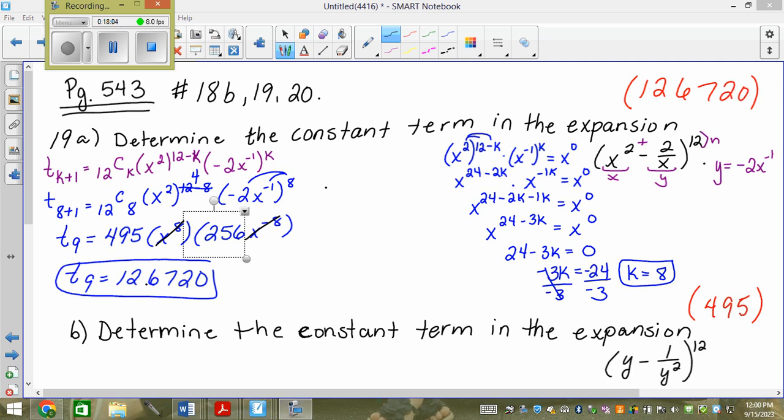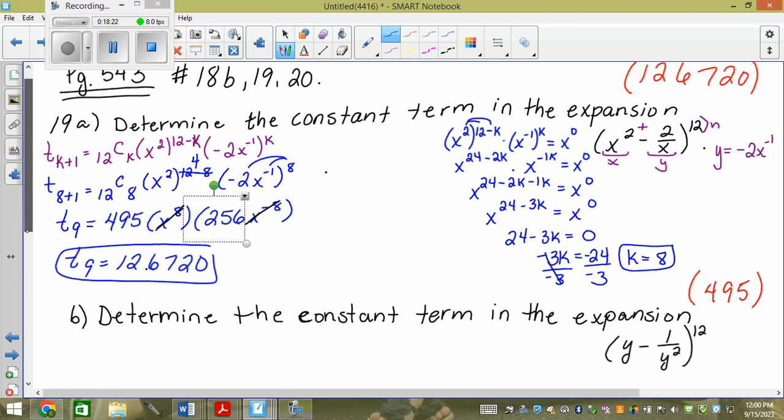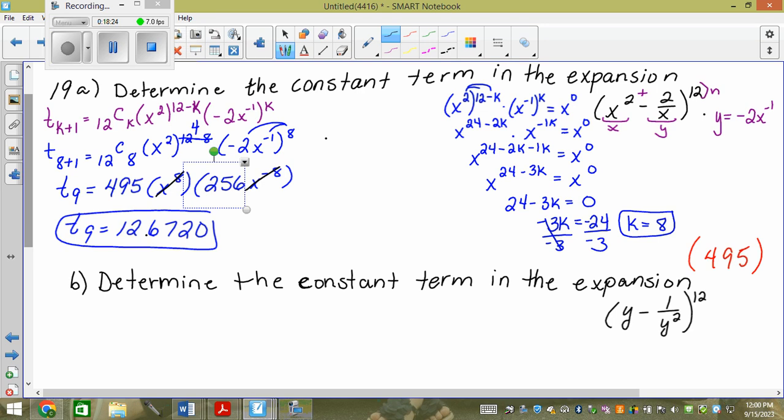We're going to look at one that isn't a constant. So we're not looking for x to the 0. We're going to do 18b, which actually looks for a term containing x to the 11, which is different. Remember, you should be trying this on your own first, because if you're just copying it down, good luck.